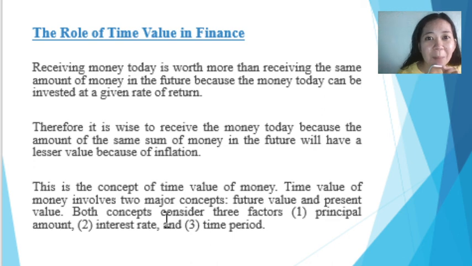If you still remember from your business mathematics how to solve for simple interest, it is principal amount times interest rate times time period. So this is somewhat the same as simple interest. But as we go along, you will learn more about these concepts.